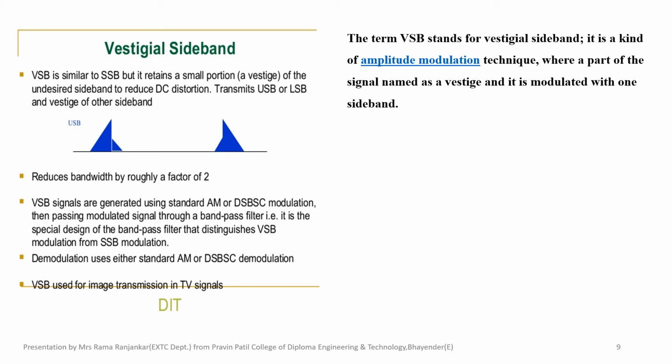It is a kind of amplitude modulation technique where a part of the other sideband, called the vestige, is transmitted along with one sideband. So it reduces the bandwidth by a factor of 2. VSB signals are generated using standard AM, demodulated using either single sideband AM or double sideband demodulation, and VSB is used for the image transmission in TV signals.